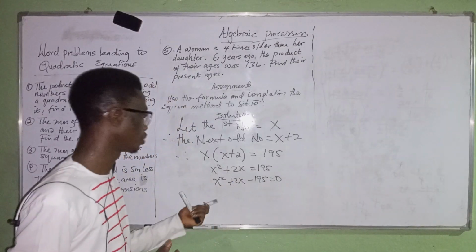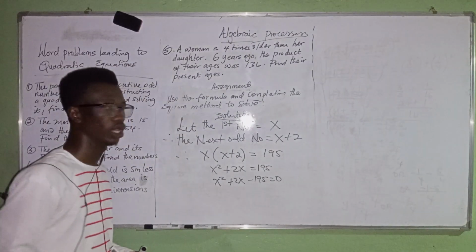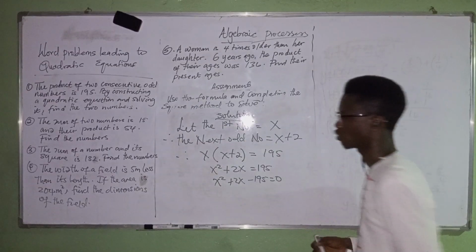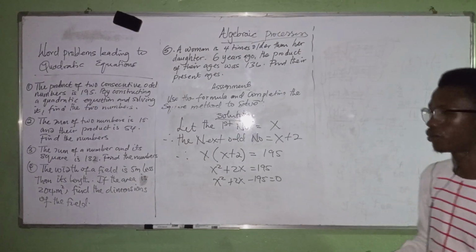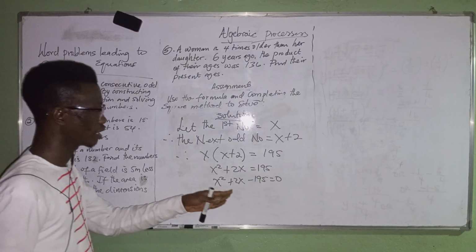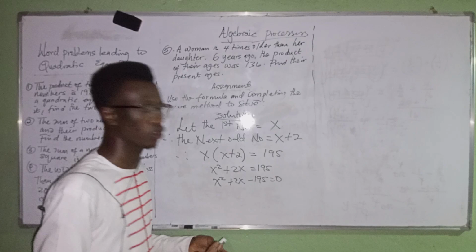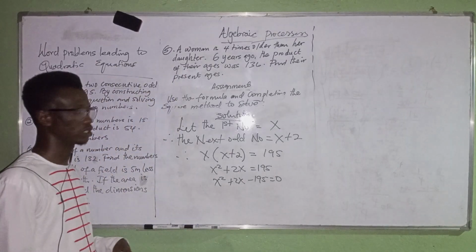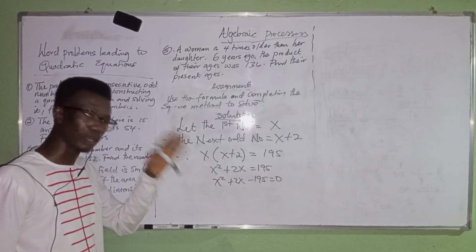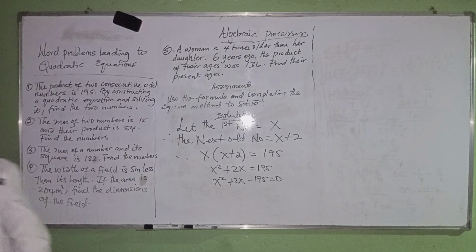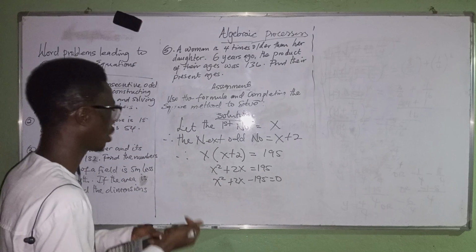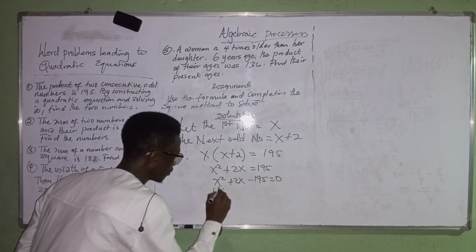We've dealt with quadratic equations already, so if you don't understand this tutorial, check out that video where we talked about quadratic equations. For this, you may find it very difficult to determine the two numbers that multiply to minus 195 and add or subtract to give 2. In my own case, I like to use the formula method, so I save my time and save my neck from thinking.